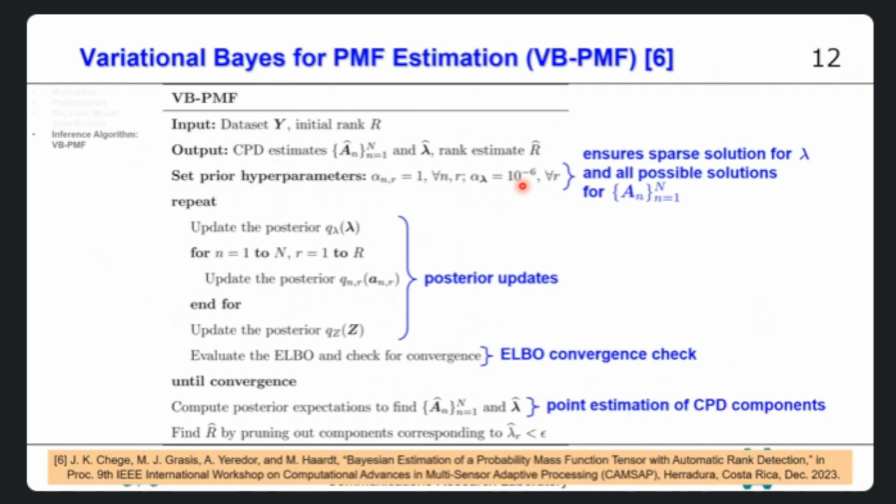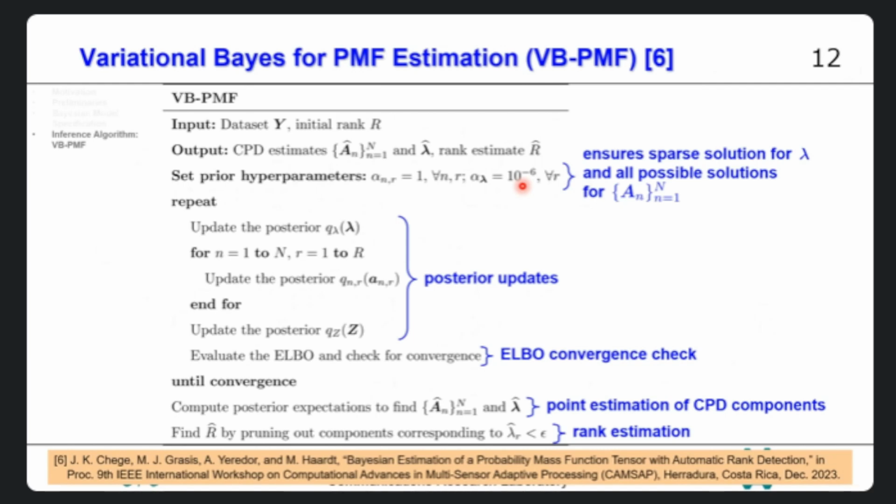Then after that, we can estimate the CPD components, since we have the distributions of these. And then to find the rank, we basically look at the loading vector, and we will see that some elements will be very small, something of the order of 10 to the minus 5, and the others will be larger.